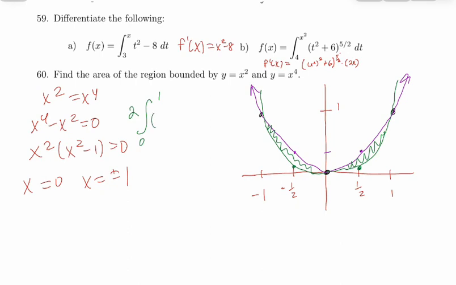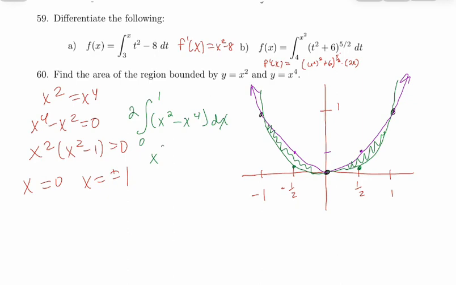Remember, it's always top function minus bottom function. Now, if they switch places at any moment, we do have to break up the integration into the places where they switch over. Okay. But let's think how easy that integration is.